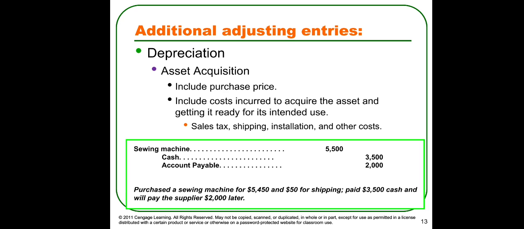Remember why you debit the sewing machine account? Because according to the rule of debit and credit, when an asset increases, you debit. So the asset sewing machine increases, so you debit account sewing machine. When this business purchases the machine, the business pays cash.